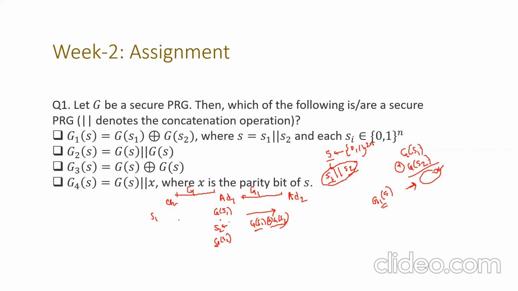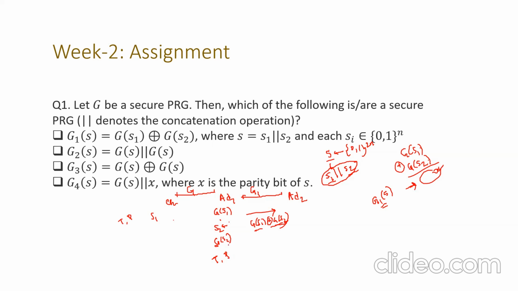So this challenger can choose to send to adversary 1 either a truly random string or a pseudorandom string, that is the output of G. And this adversary 1 also can choose between 2 cases, either the second string that it XORs with the output of the challenger CH can be truly randomly generated or can be generated by running G on S2 of its own choice.